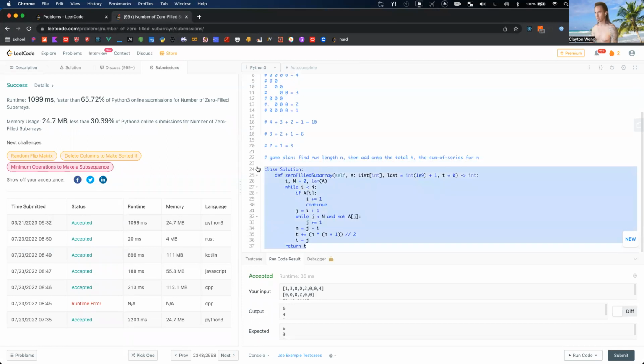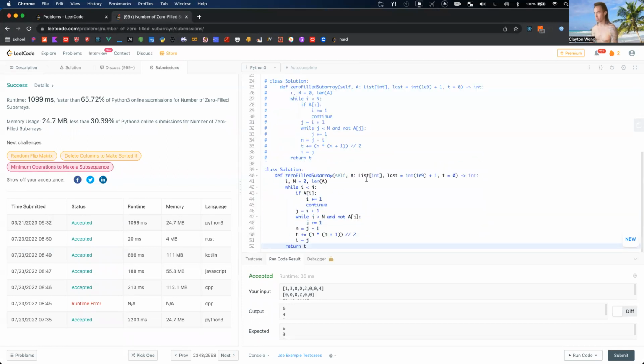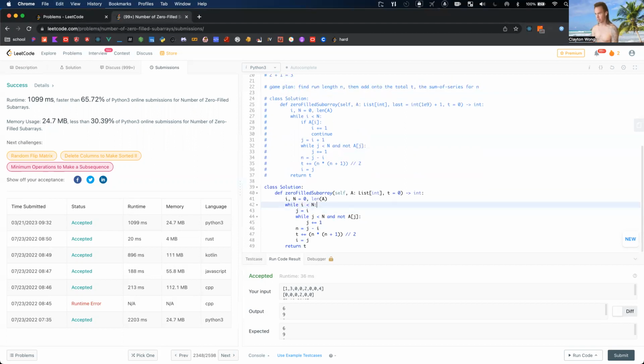Okay, let's see if we can clean up this code a little bit. Not using last, so we don't need that. There's our total. Let's do this. How about instead of continuing, just move j up and then i equals j if i does not equal j.